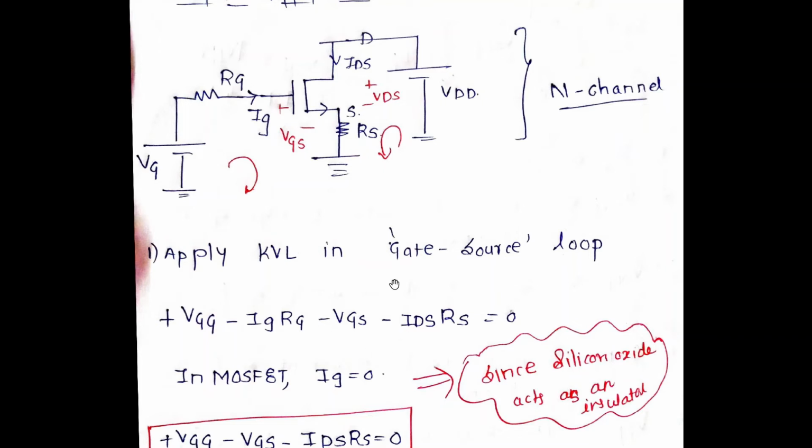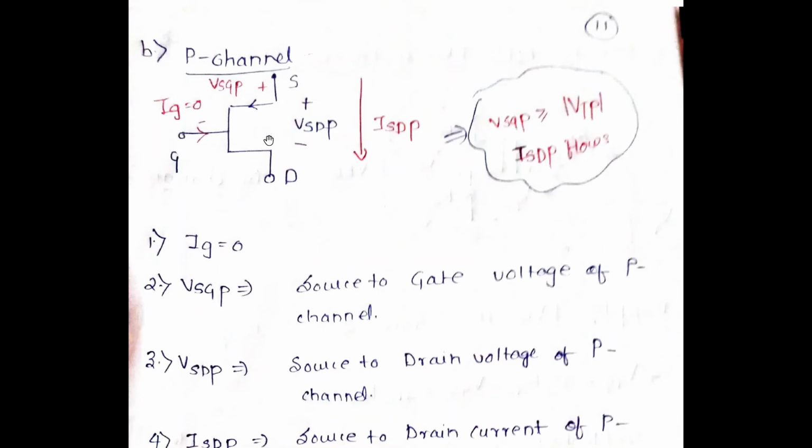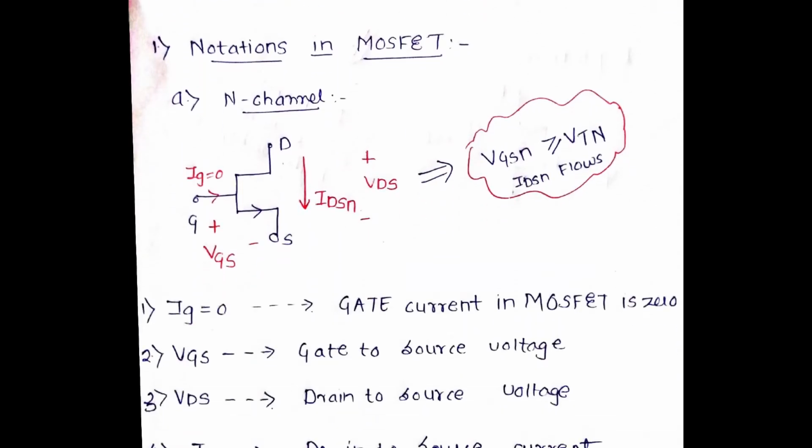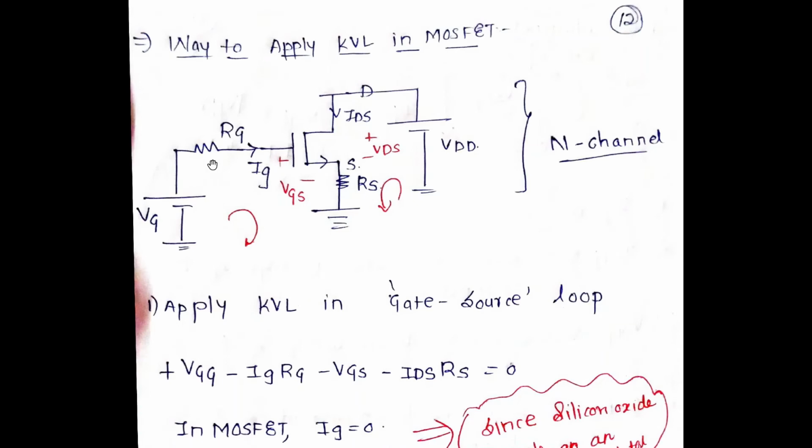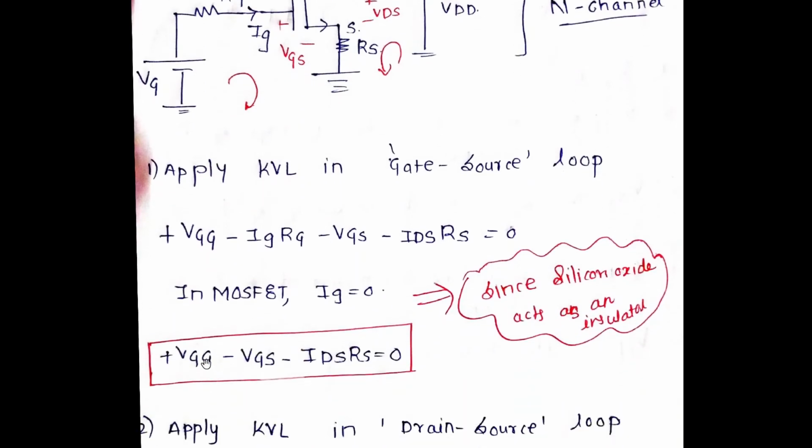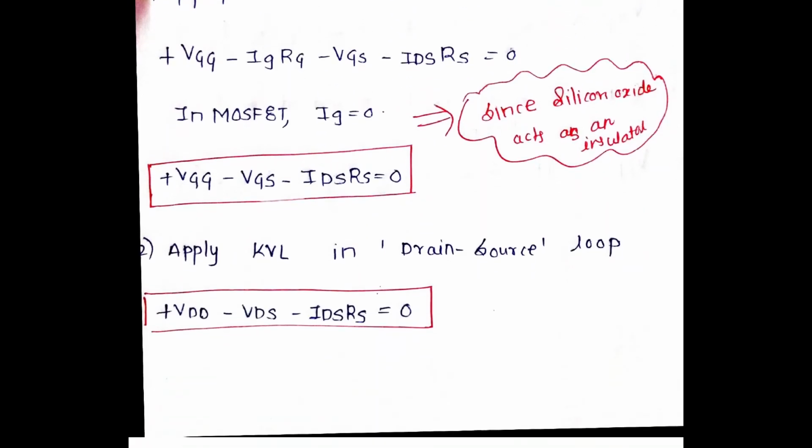Then you have minus of IDS, which is the drain to source current, into Rs is equal to 0. Now if your gate current is 0, as I told you, in case of your MOSFET the gate current is always 0. Therefore, you have the final expression as VGG minus VGS minus ID into Rs is equal to 0. The reason being gate current is 0 is that we have an oxide in case of your MOSFET, which acts as an insulator and prevents the flow of current.